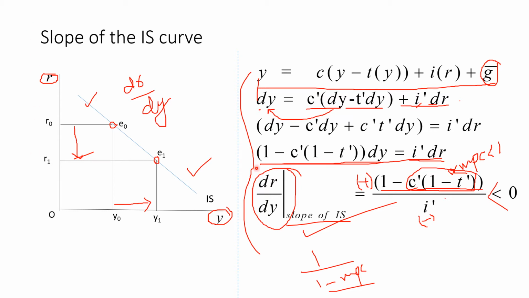But we are not just interested in the sign of the slope of the IS curve, because that is pretty clear: it is going to be negative. We want to know whether it is too steep or flat, the curvature, exactly the slope of the IS curve.